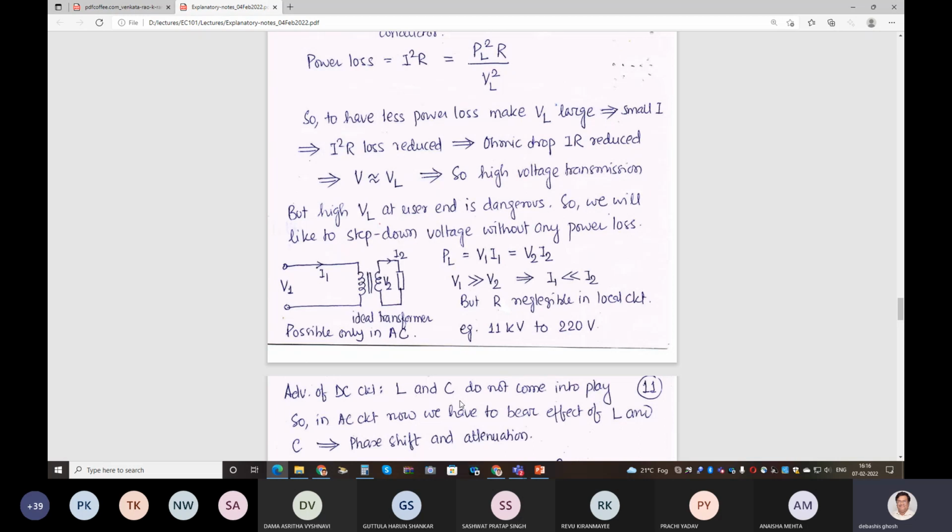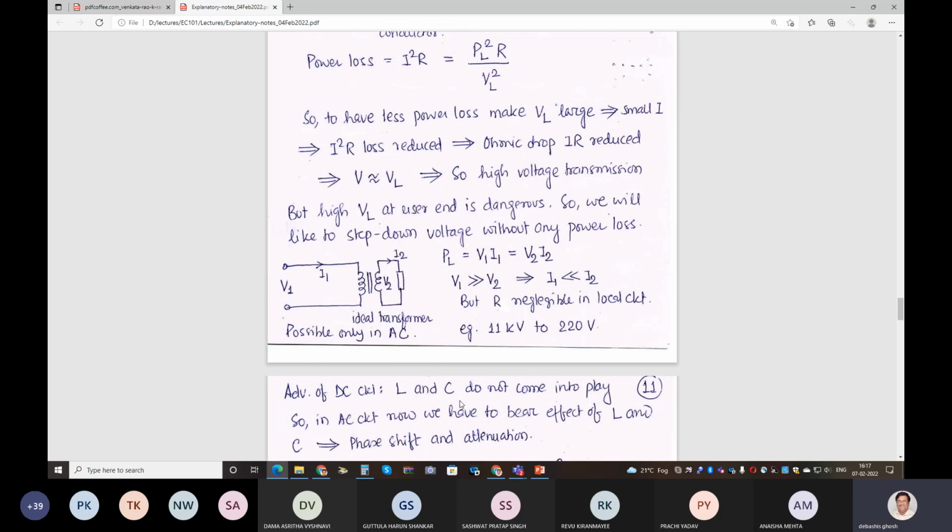Accordingly, when the signal is getting transmitted over the transmission line, the voltage and the current both will keep on dropping, attenuating with length. As it goes along the conductor, it will keep on reducing voltage and current. And voltage and current reducing means my power is also reducing. Okay, that is the problem.